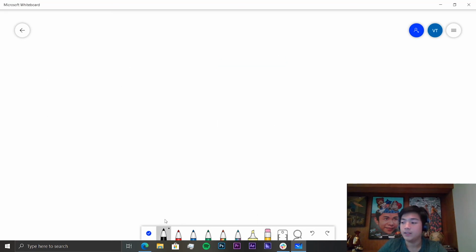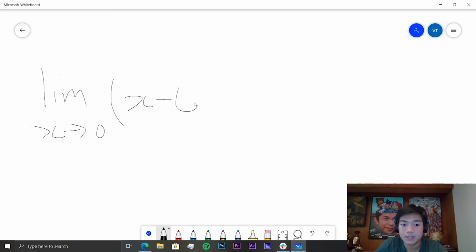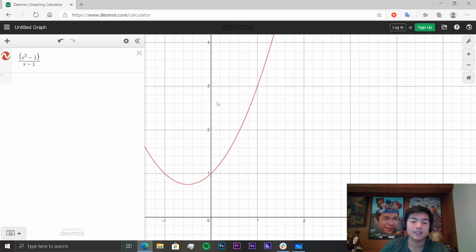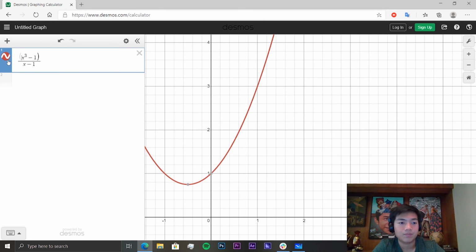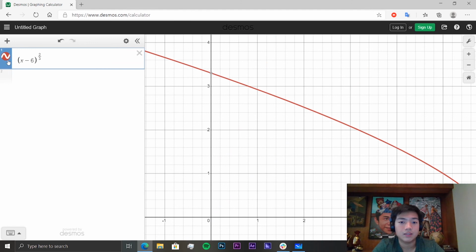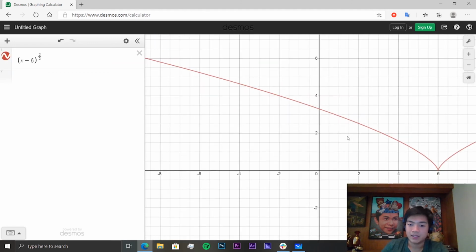Okay, finally, we want to evaluate the limit as x approaches 6 of (x minus 6) to the 2/3. Sorry, I said 0 at first, but x approaches 6. So we have to plug in our function, (x minus 6) to the 2/3, and it will look something like this.